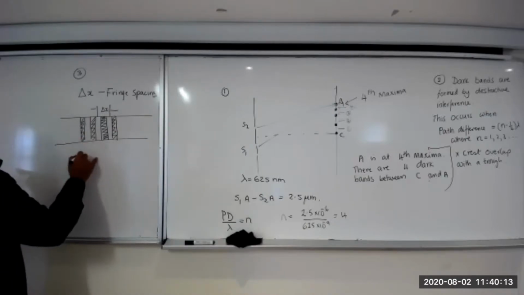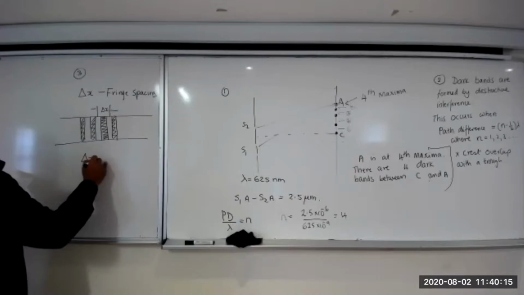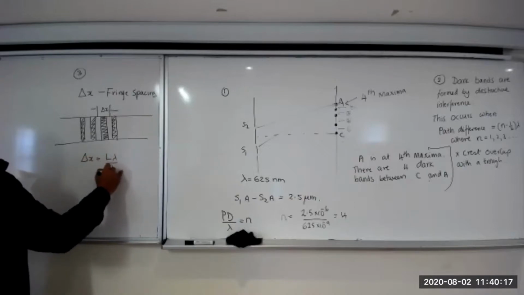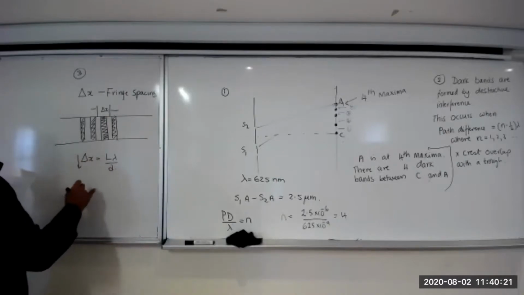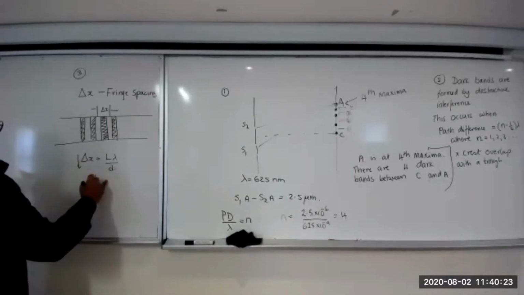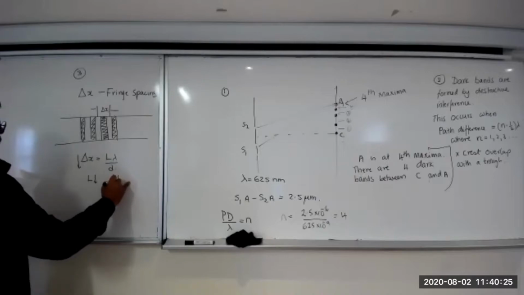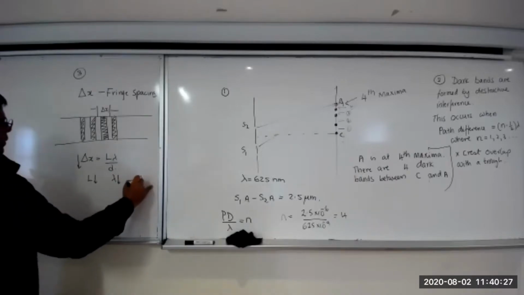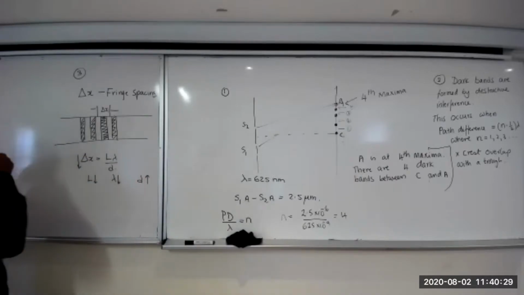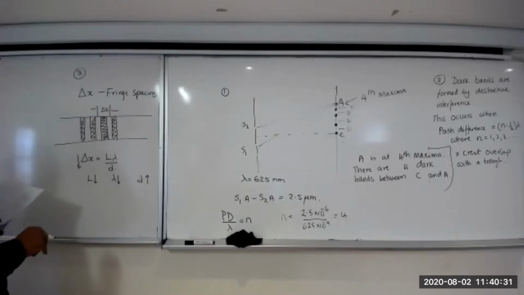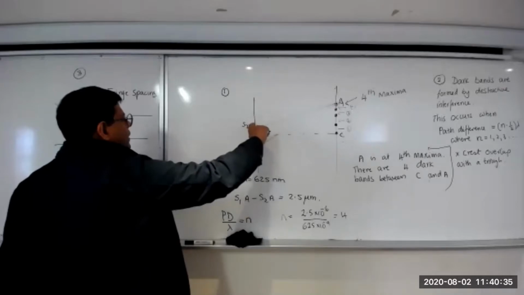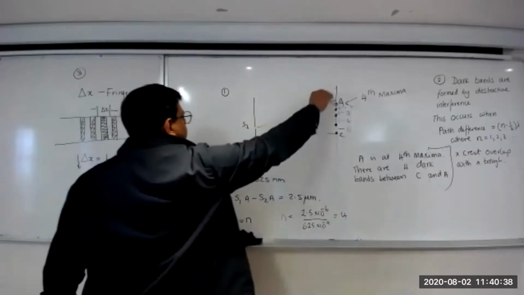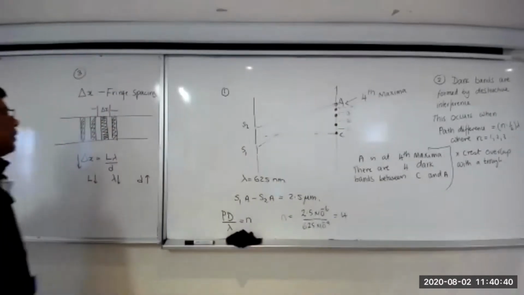If you want to bring the fringe spacing closer, so if I want to make delta x smaller, you have to either make L smaller, lambda smaller, or D bigger. Because when you increase D, it's trying to maintain the same path difference, so the pattern should come down.